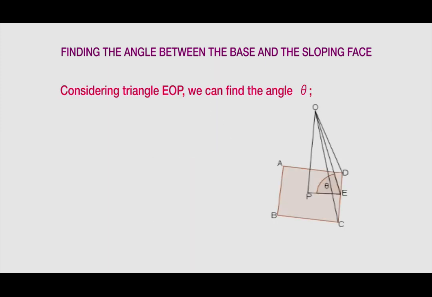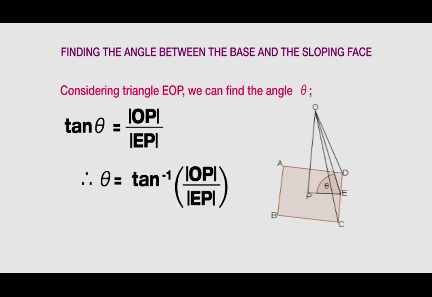Considering triangle EOP, we can find the angle theta using one of our trig ratios. Here we can apply tan theta. So you get tan theta equals the length of OP divided by the length of EP. And that will give us theta equals tan inverse of OP divided by EP.